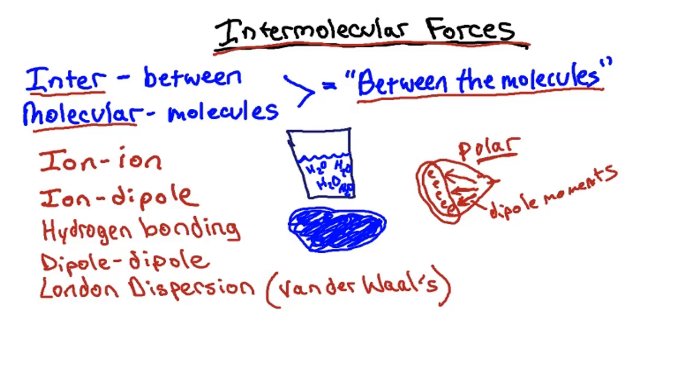So intermolecular forces. We have the ion-ion interactions, and that just means a molecule made from an ionic bond interacts with another molecule made by an ionic bond. We have an ion-dipole interaction, which just means an ionic bond molecule interacts with a dipole molecule, which, as we said before, are the polar molecules.